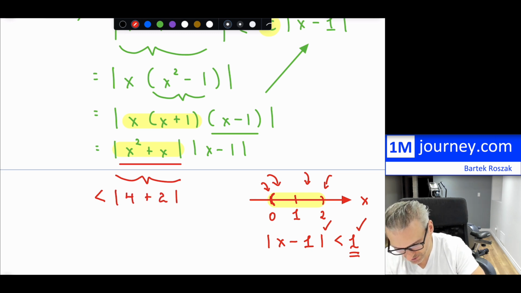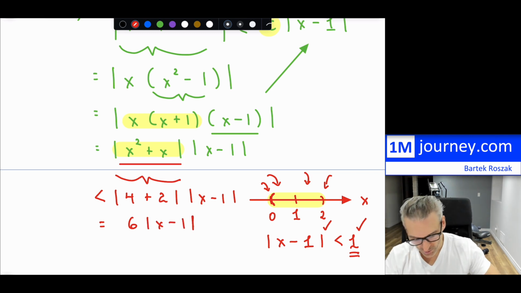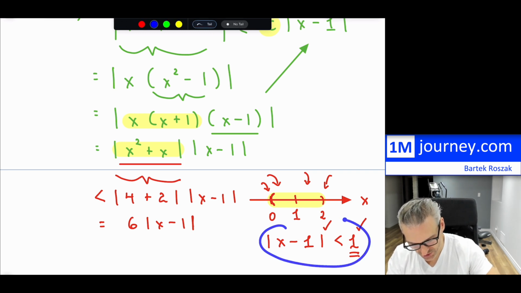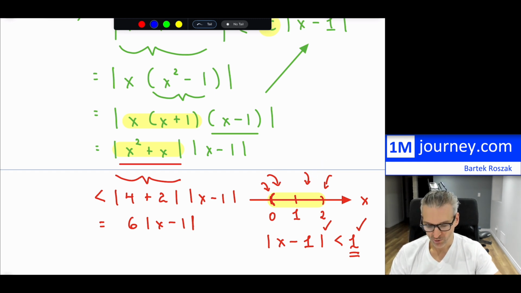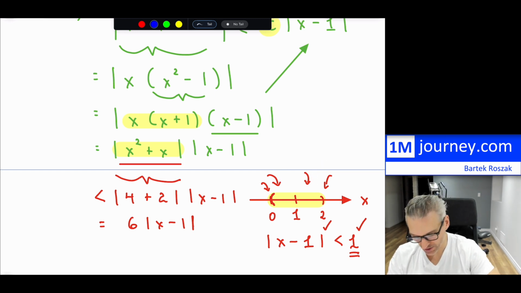So you're going to be bounding it by 6. And this is what you will have. So this is 6, and then x minus 1. So based on this restriction, when we're living on this particular domain, we know that we're always going to be restricted by this.